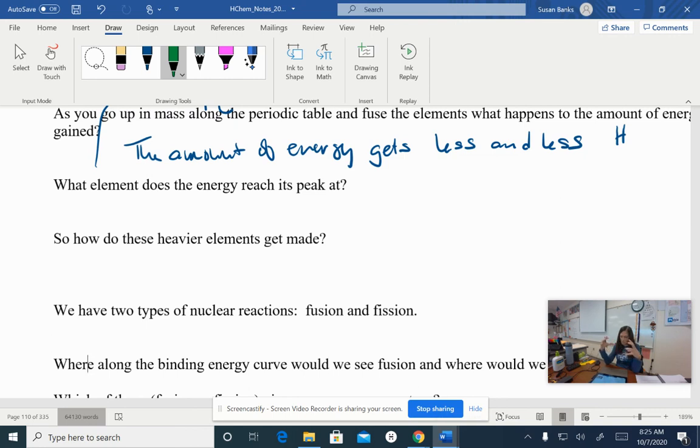And it creates this supernova. And there's so much energy that it actually gives us enough energy to start fusing heavier and heavier things, even though we're losing energy on those reactions. We take the energy from the energy of the imploding star. So these heavier elements get made in a supernova.